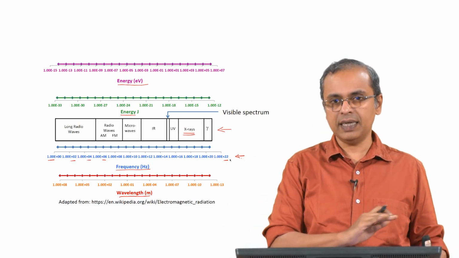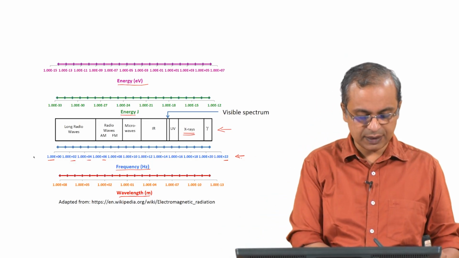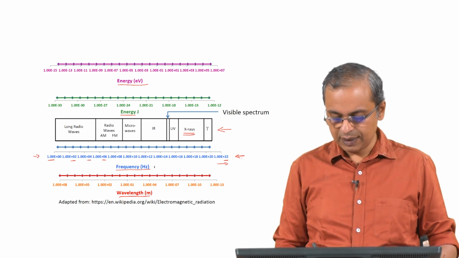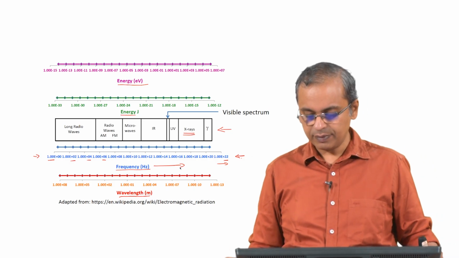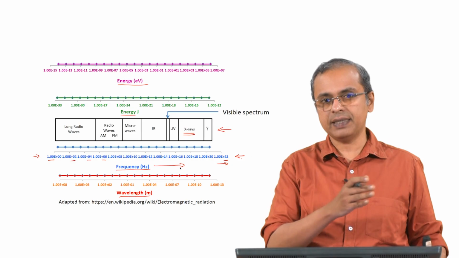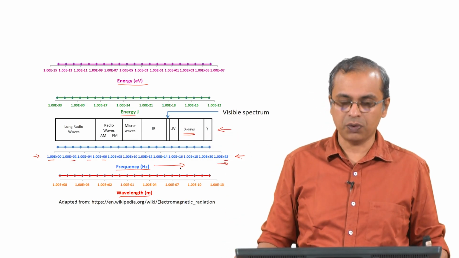Okay. So, you are starting at low frequencies at this end and high frequencies at this end. So, frequency is increasing in this direction. You have a low frequency on your left and then it steadily increases to high frequency on your right.